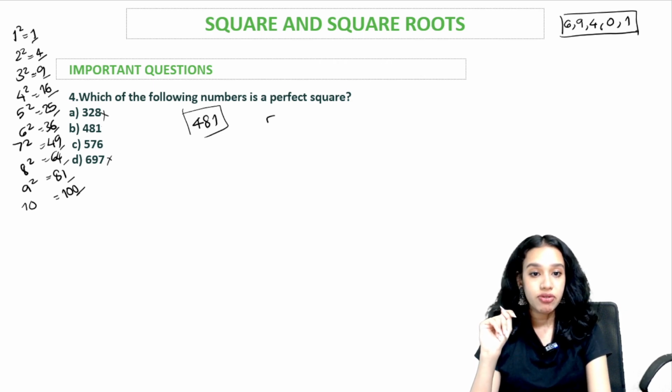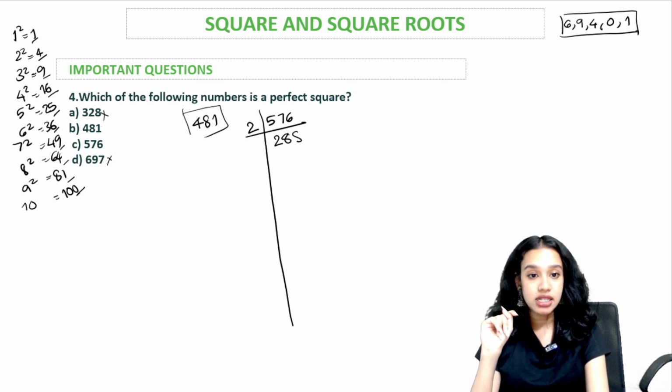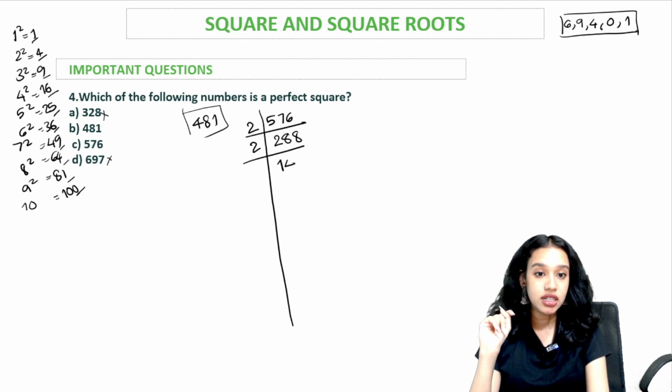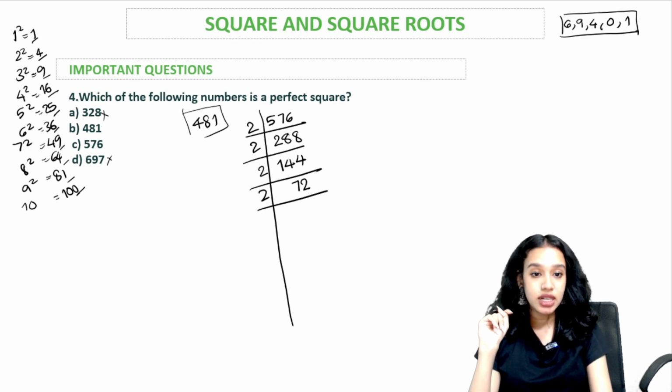Now we'll see about 576. Can we divide it by 2? Yes. 2 2s are 4, 1 7, 8 2s are 16, 1 6 and again 8 2s are 16. Again by 2 we'll get 144. Again divide by 2 we'll get 72. Again divide by 2 we'll get 36. Again by 2 we'll get 18. Again by 2 we'll get 9.